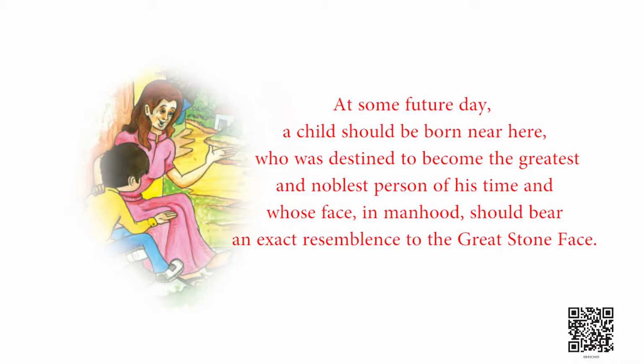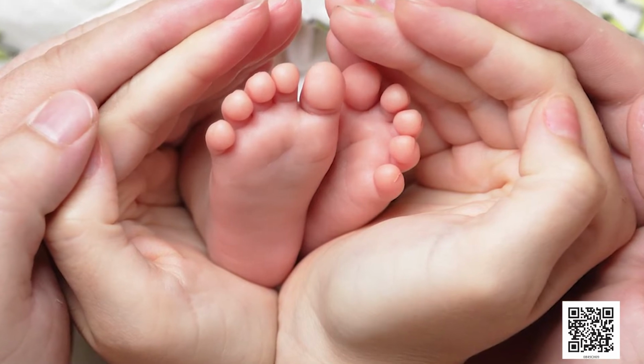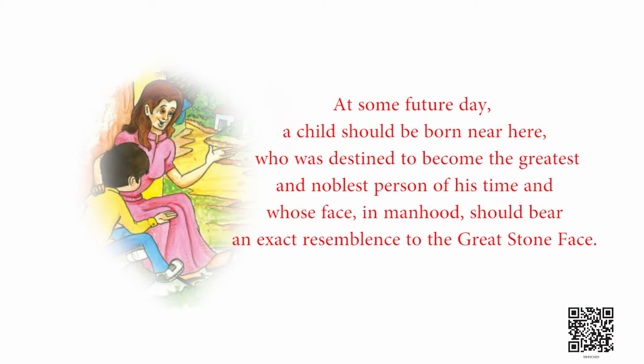Mother then told him a story that her mother had told her when she was younger than Ernest. According to that story, a child would be born nearby sometime in the future. The child would be the greatest and the noblest man ever, and in his manhood, his face would resemble the great stone face.